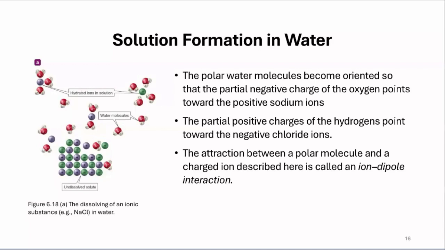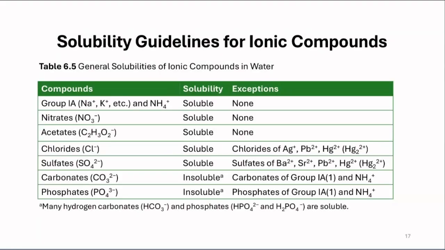Interestingly enough, not all ionic compounds are going to be soluble in water. When you have in a chemical formula a cation from group 1A, including sodium, lithium, potassium, rubidium, or you have ammonium, those compounds are always soluble without exception.